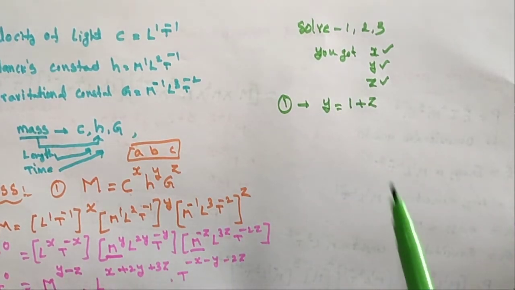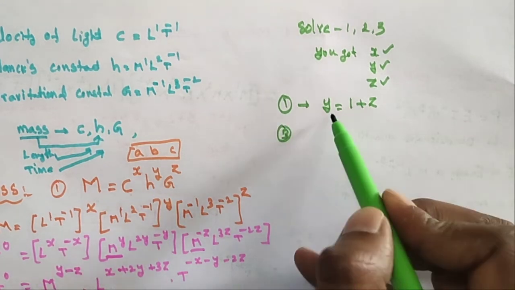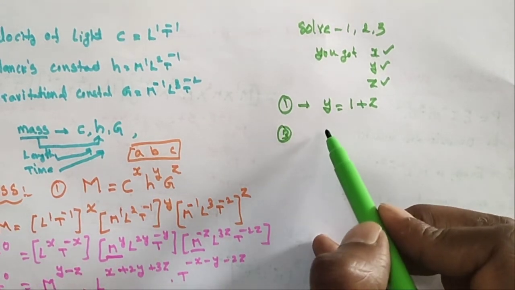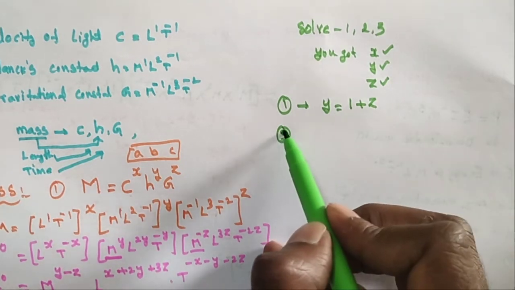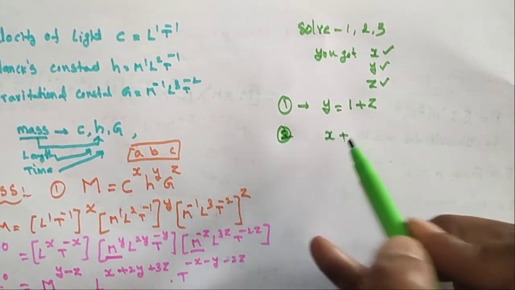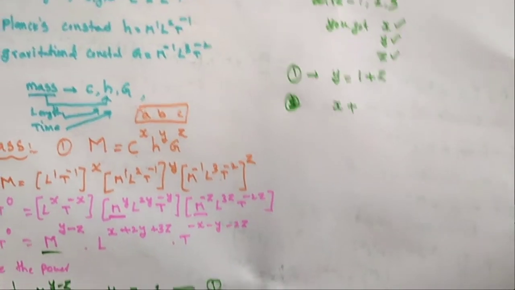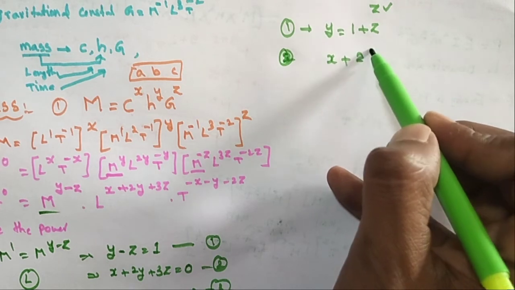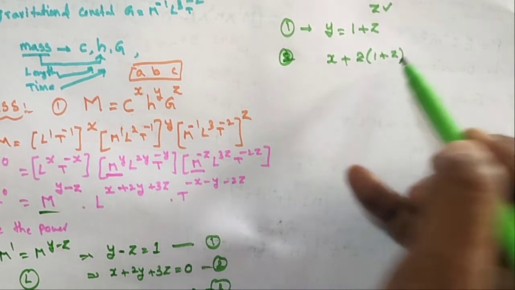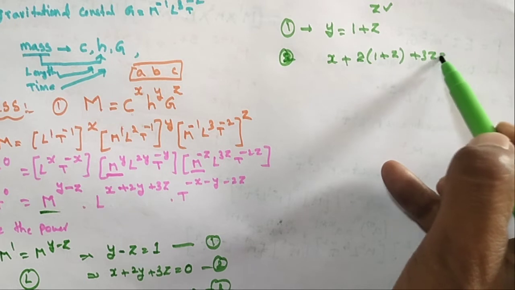Okay, so I am taking equation number 3 and substituting the y value. In this case, what happened? I am taking the second equation, x plus 2y. That is x plus 2 into (1 plus z) plus 3z is equal to 0.